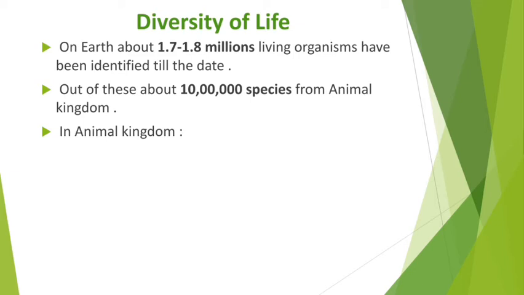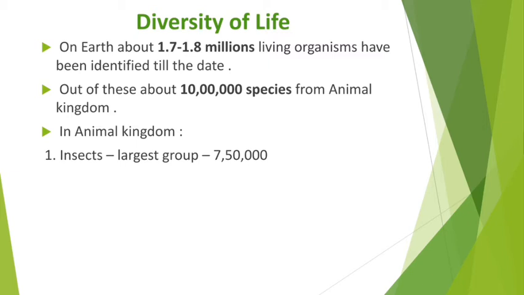In the animal kingdom, insects occupy the highest position. That means insects are the largest group in the animal kingdom with 7,50,000 species.